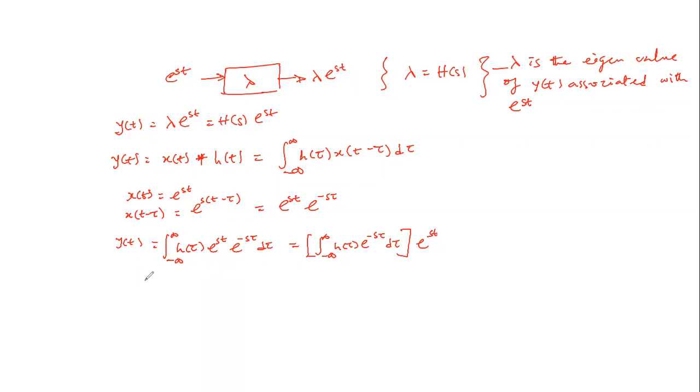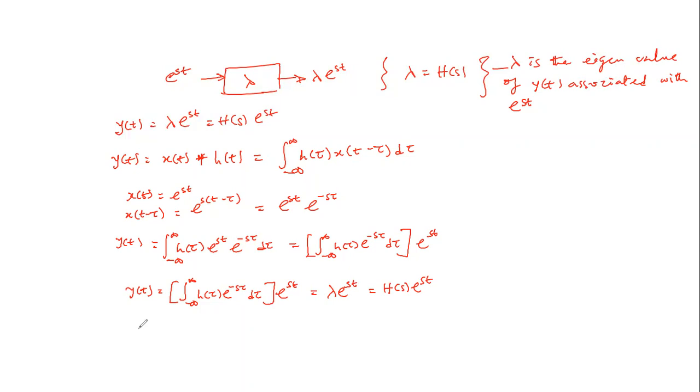Now, if y of t is the integral from negative infinity of h of tau e^(minus s tau) d tau times e^(st), you see that this is of the form lambda e^(st), which is the same as h of s e^(st).